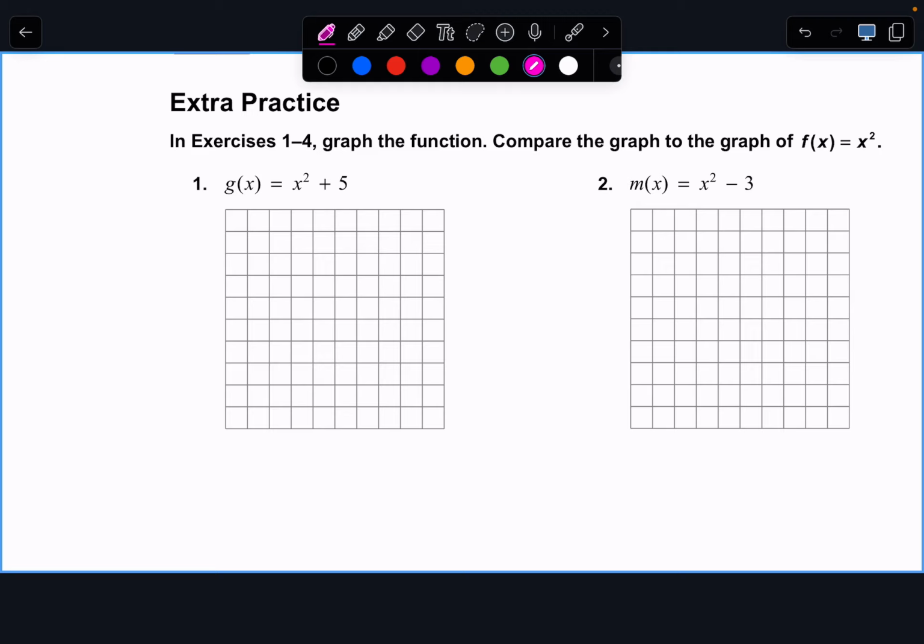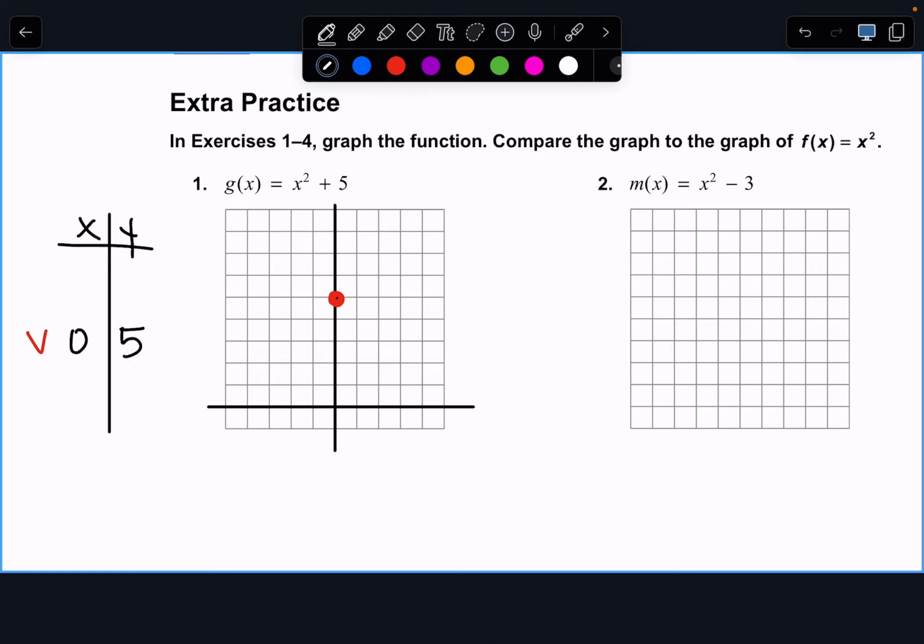What is that plus 5 doing? It is moving the vertex up on the y-axis. So we know that 1, 2, 3, 4, 5. We know that our vertex will now be at 0, 5.